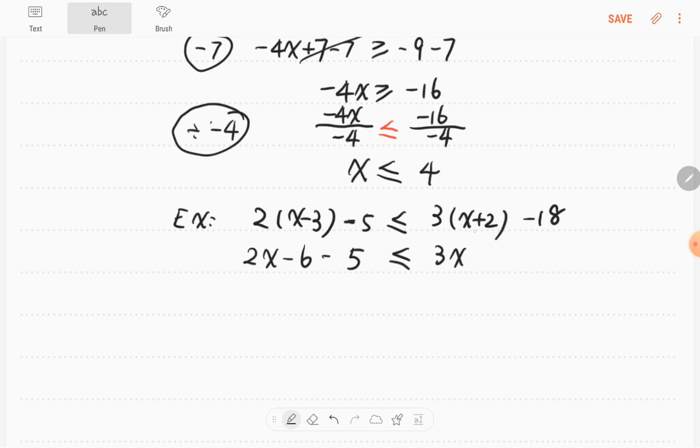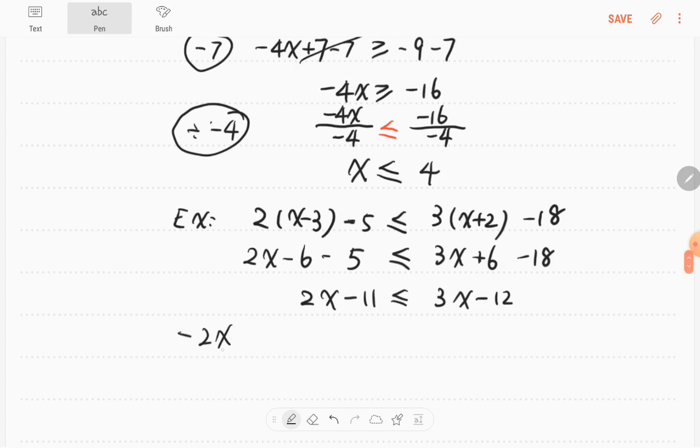We also need to use the distributive rule on the right side, right? But make sure you do it carefully. After that, we can combine the like terms. After that, we need to put x terms on one side, and numbers on the other side.